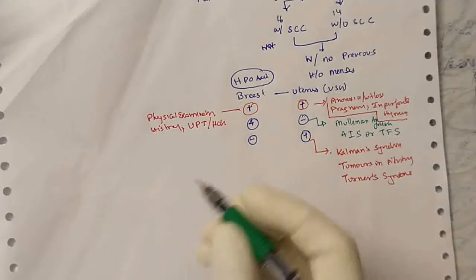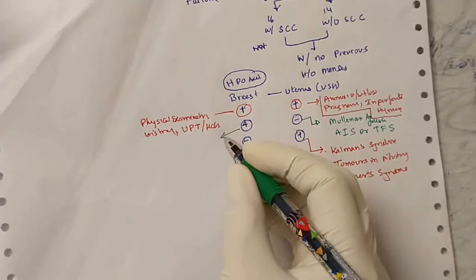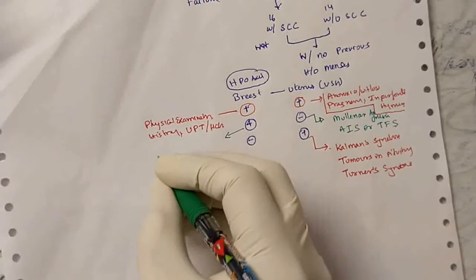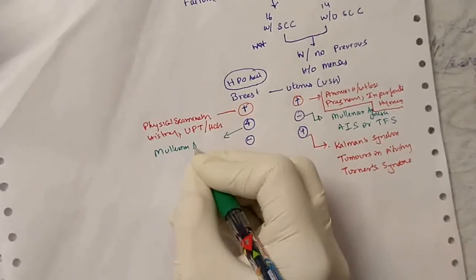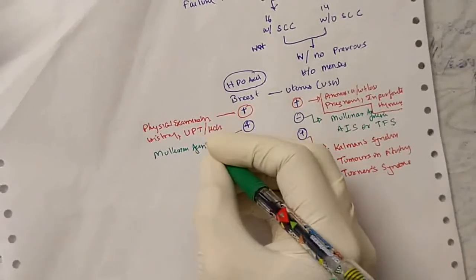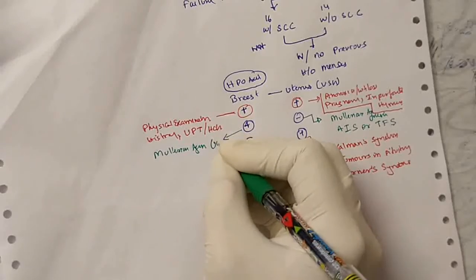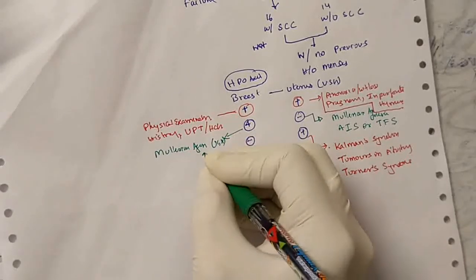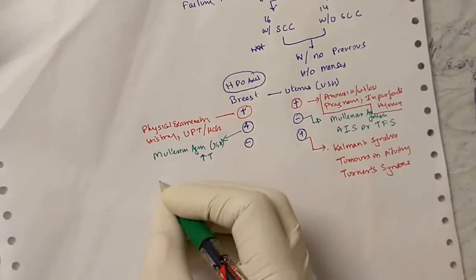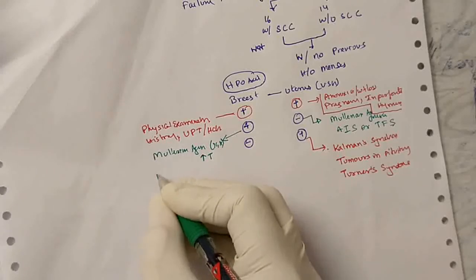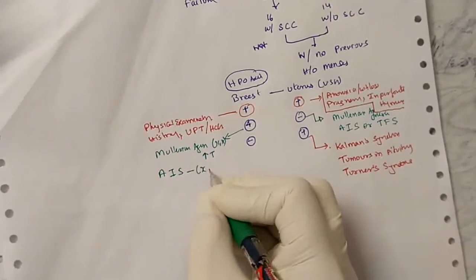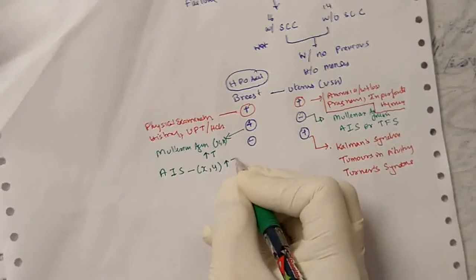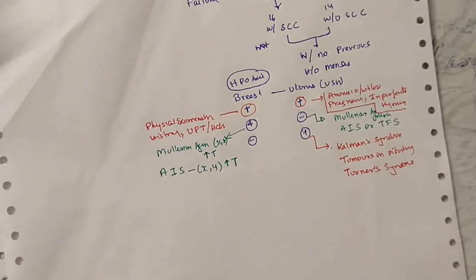Mullerian agenesis, how will we know? If it's Mullerian agenesis, she'll have double X chromosome and testosterone will be normal. If it is androgen insensitivity syndrome, then she'll have XY chromosome and testosterone will be increased.